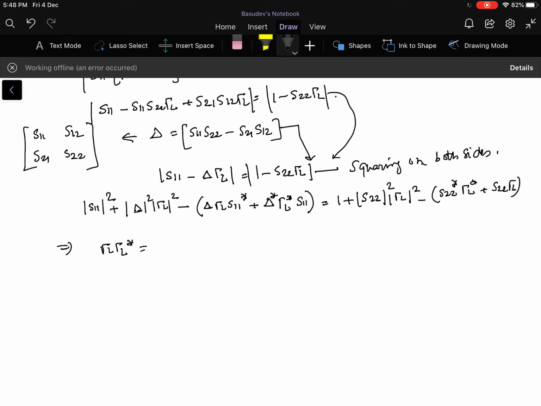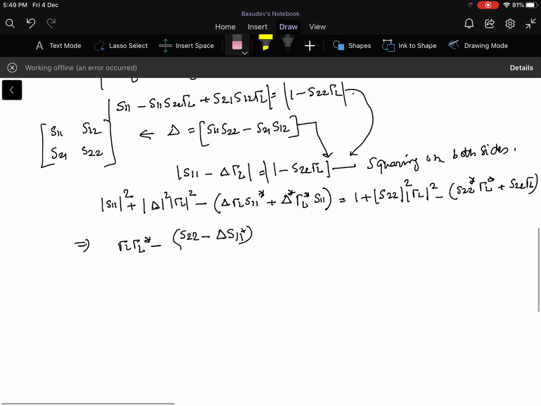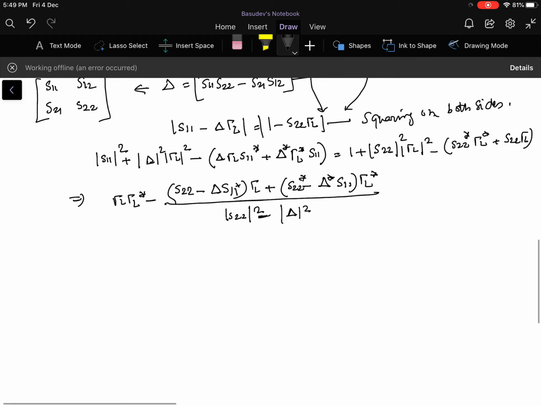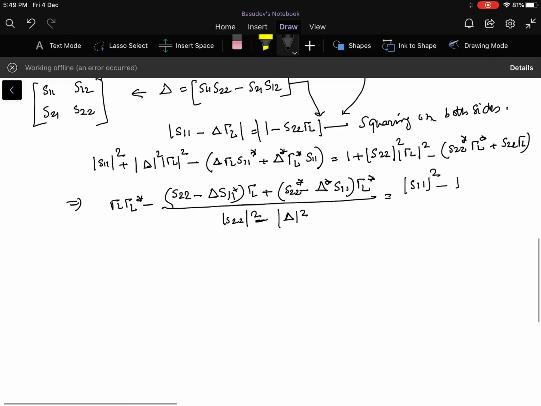We will have an expression where τL* and then we will have (S22 minus Δ S11*), and then we will have τL, plus (S22* minus Δ* S11) τL*, over |S22|² minus |Δ|², and this side it will be |S11|² minus 1 divided by |S22|² minus |Δ|².